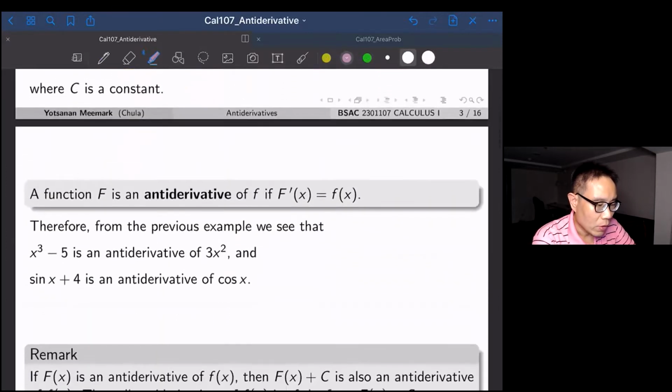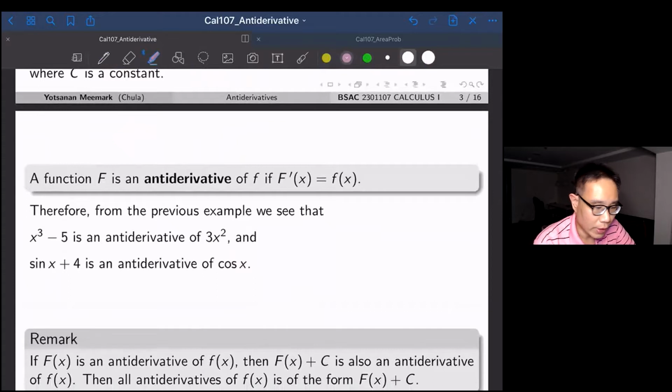So we're going to call the function capital F an antiderivative of the function small f if capital F prime equals f(x). Let me explain this in this way.